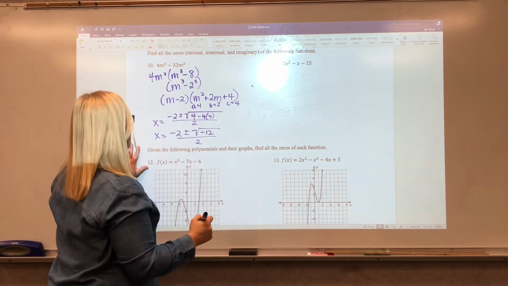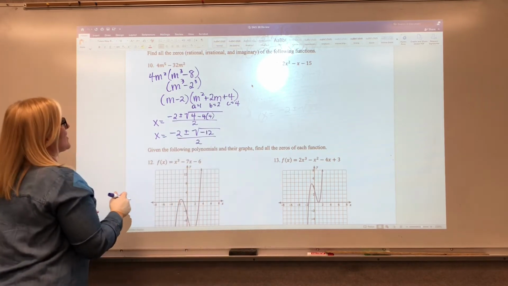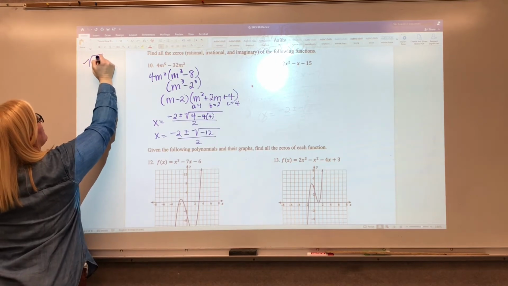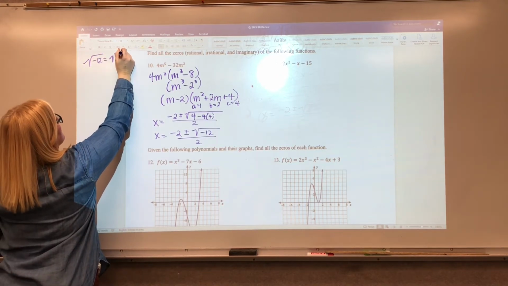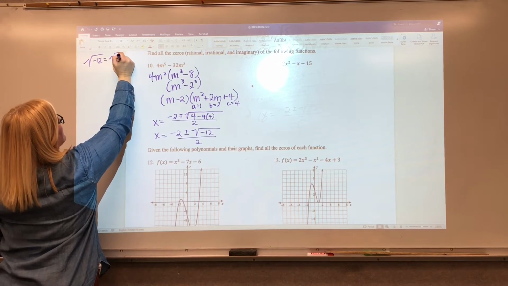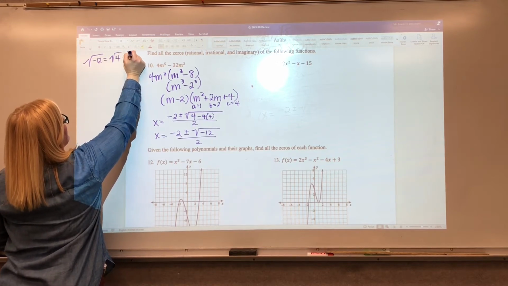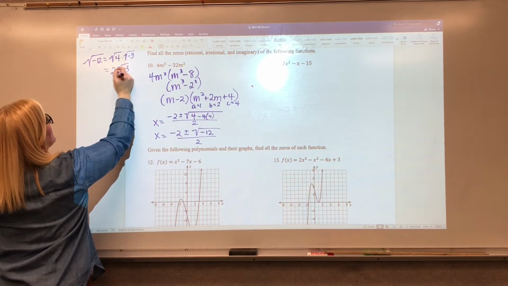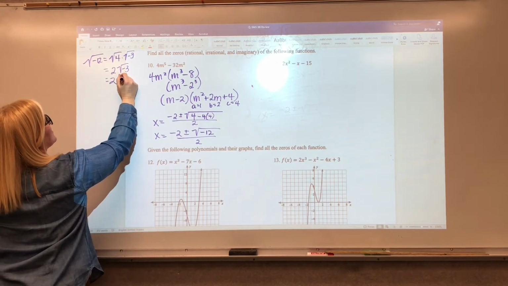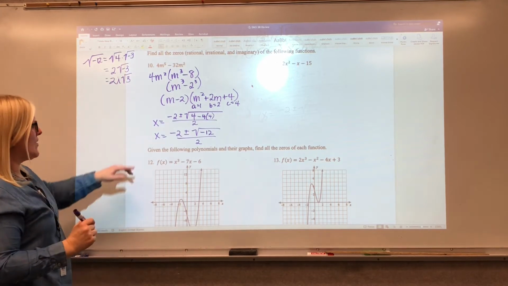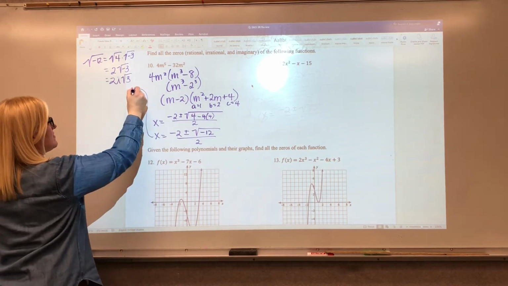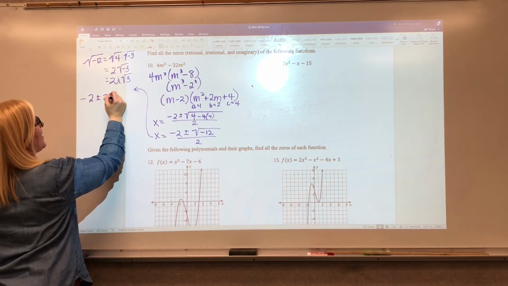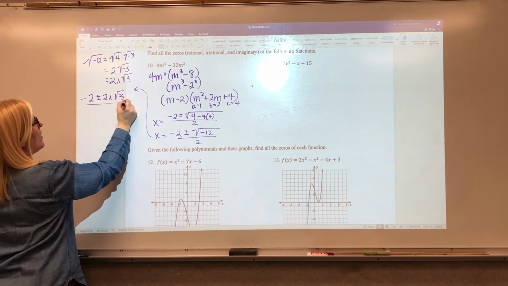But the square root of negative 12 equals the square root of 4 times the square root of negative 3. So that is 2 times the square root of negative 3, which is 2i times the square root of 3. Okay, so bringing this over here, we have negative 2 plus or minus 2i times the square root of 3, all over 2.